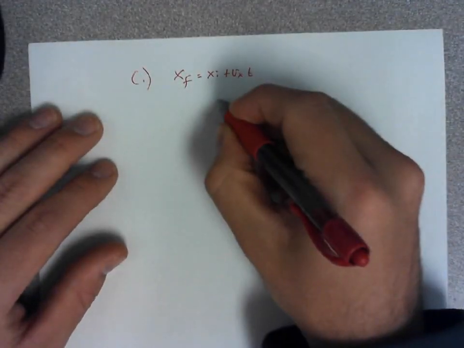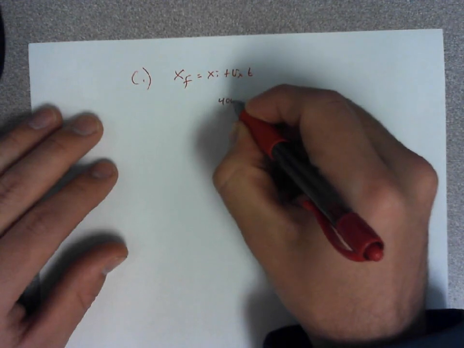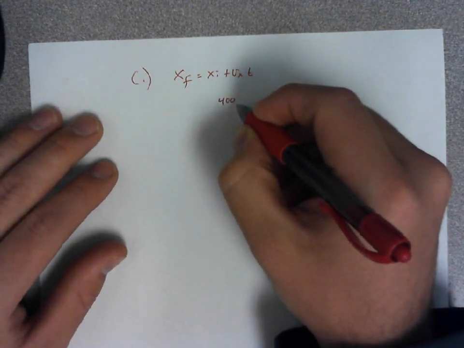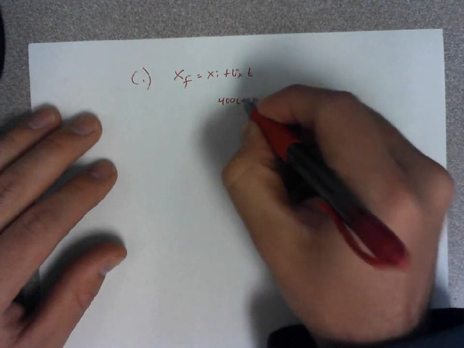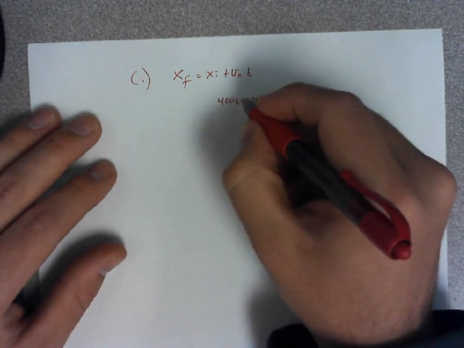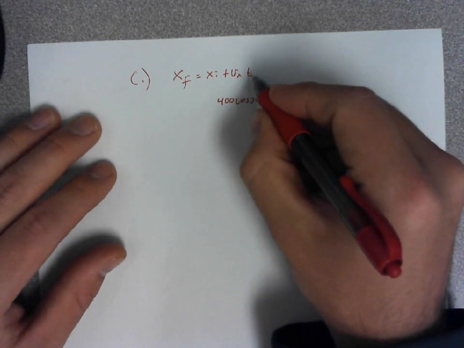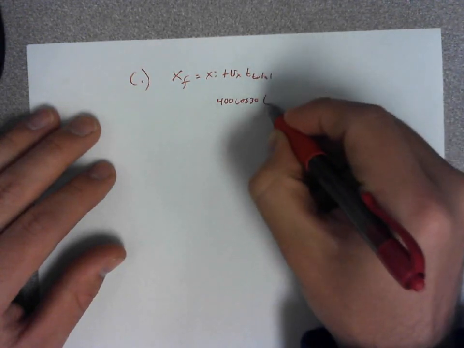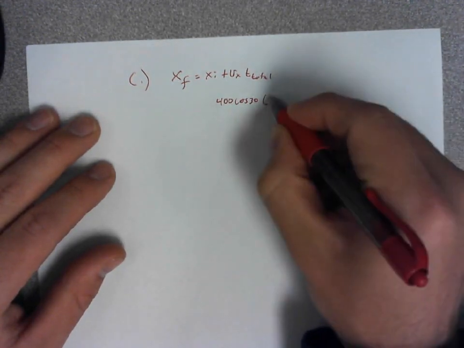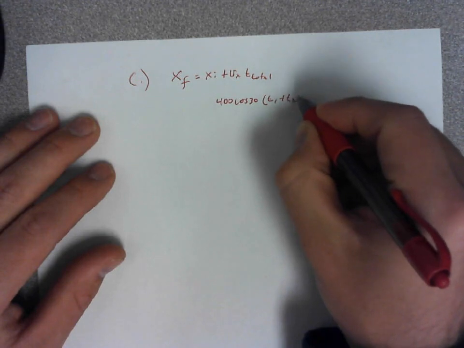My constant velocity is that 400 cosine 30. Now this t right here, this is the total amount of time that the cannonball is in the air. So we'll label that t total, and that's going to be the addition of the two that we just had, right? We'll say t1 and t2.